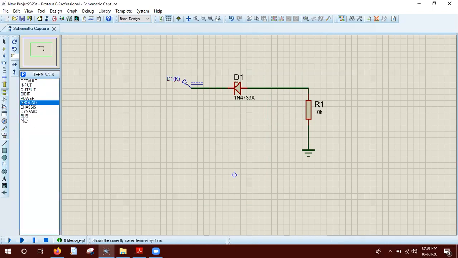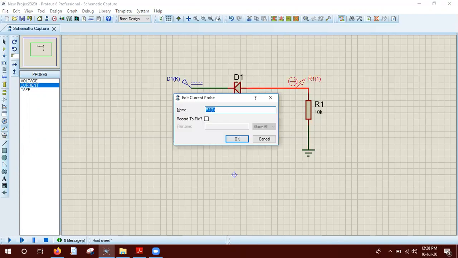So let me go to the probe mode. We select the current probe and we fix it. Okay, so this is the current probe. That means that this probe will calculate the current of this. So let me write this IZ.